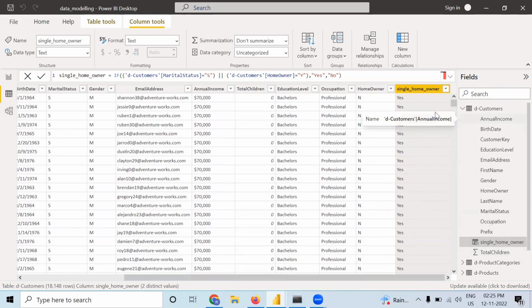Like if we want the same output, whatever is in that column.